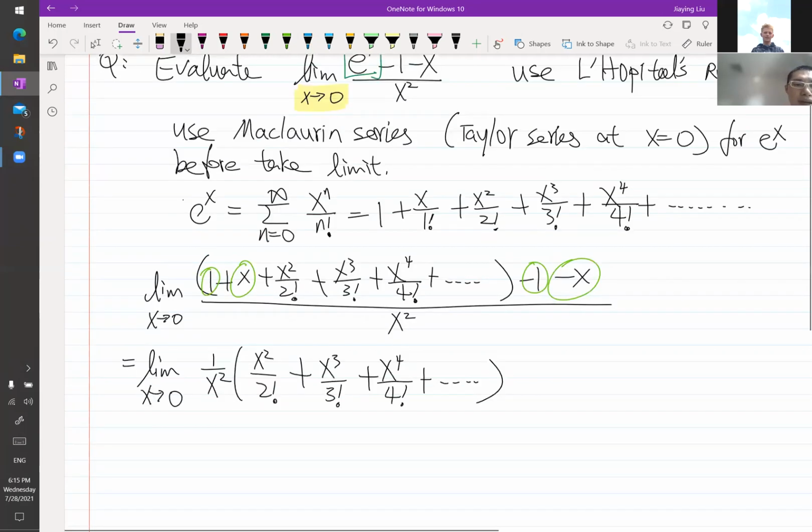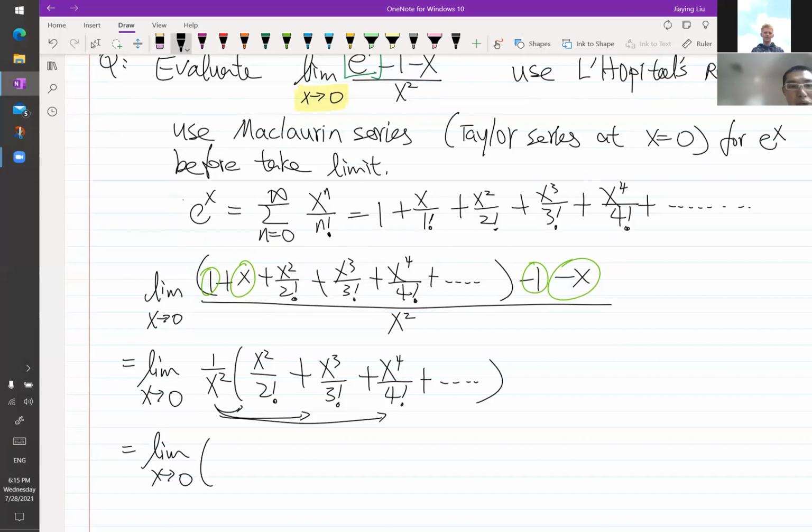And if we keep simplifying by distributing the 1 over x squared into the parentheses, we get the limit as x goes to 0 of: x squared over x squared is 1, so we get 1 over 2 factorial, plus x cubed over 3 factorial times 1 over x squared, that's x over 3 factorial, plus x to the 4th over 4 factorial times 1 over x squared, so that's x squared over 4 factorial, and it continues.